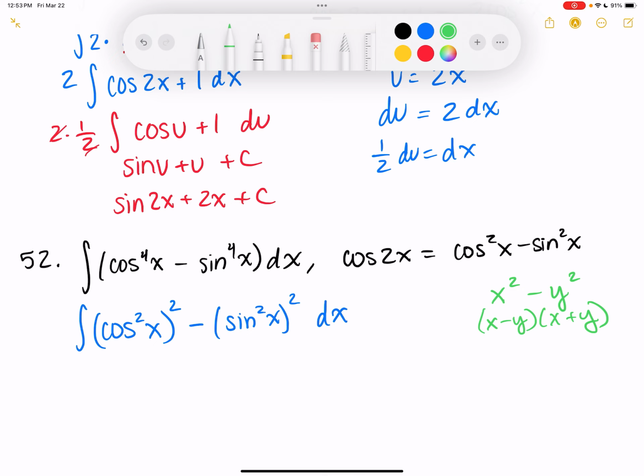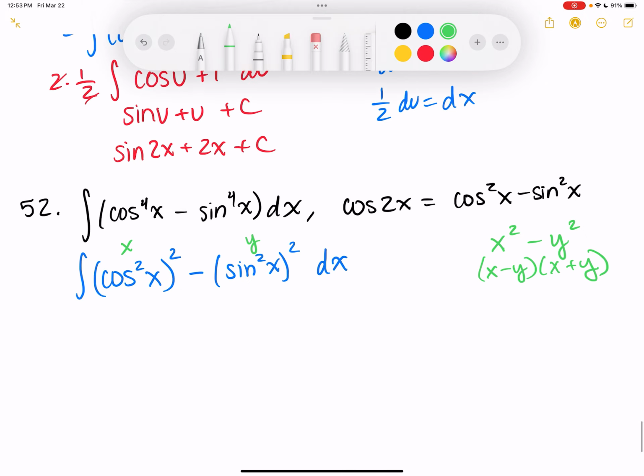So, I have x squared minus y squared here, but x is the cosine squared of x and y is the sine squared of x. Okay? So, when I do this, I'm going to have the integral, and then in parentheses, cosine squared of x minus sine squared of x times cosine squared of x plus sine squared of x dx.